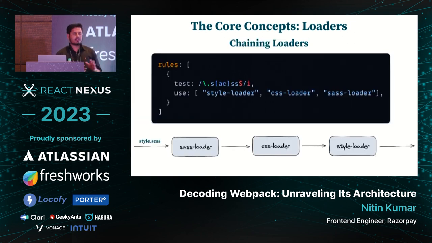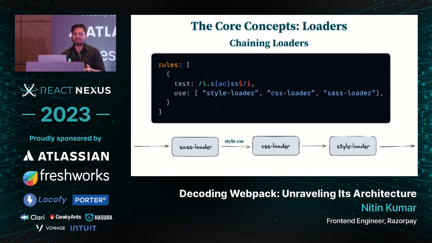You can also chain your loaders. For example, you have a Sass file, style.scss, and you can define multiple loaders for it. It will go through the Sass loader, which will convert it to a style.css file.